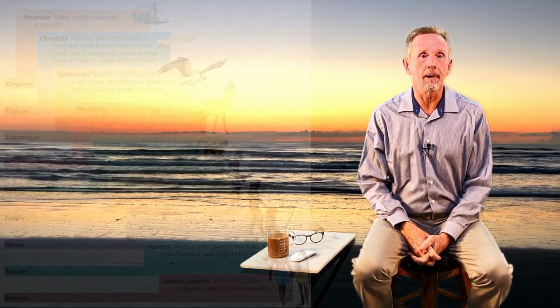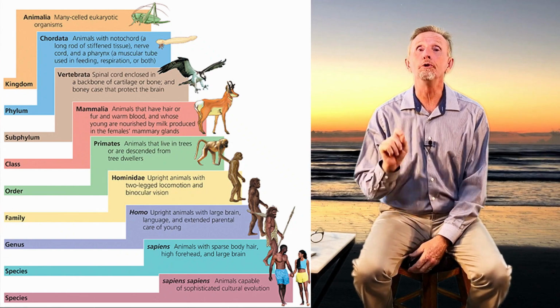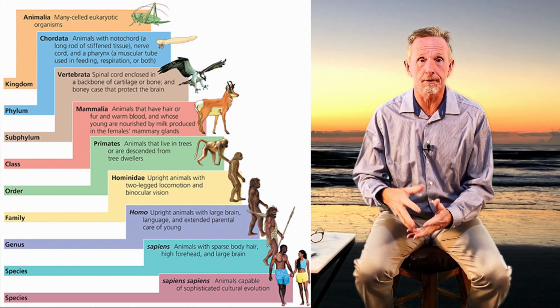6 kingdoms. Now, let's look at humans, for instance. How do we break these things down? Well, we could do this obviously with any organism. The largest one is kingdom, animal. These have to be multicellular, eukaryotic organisms.